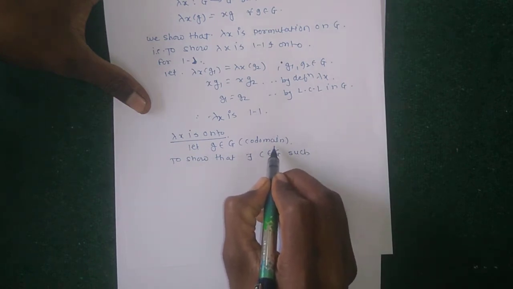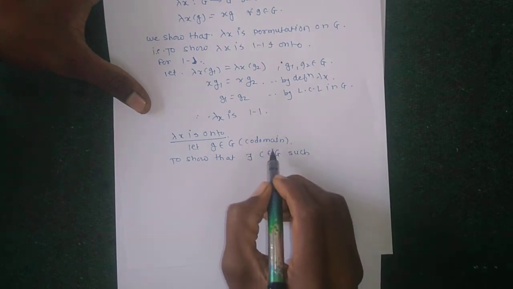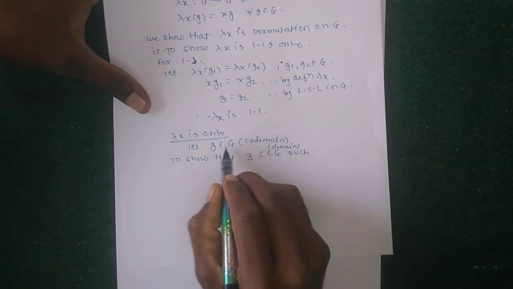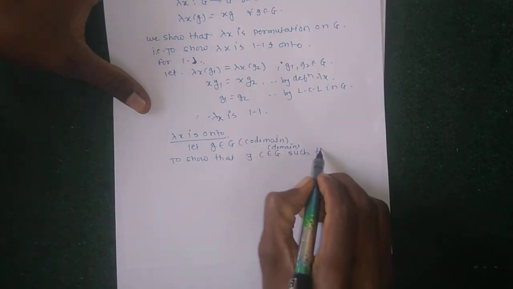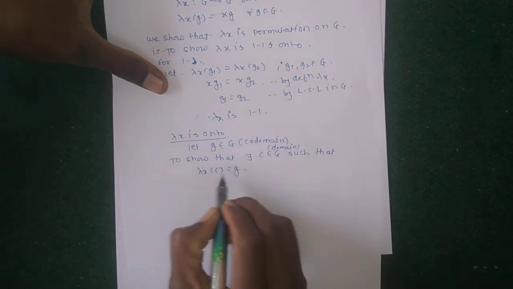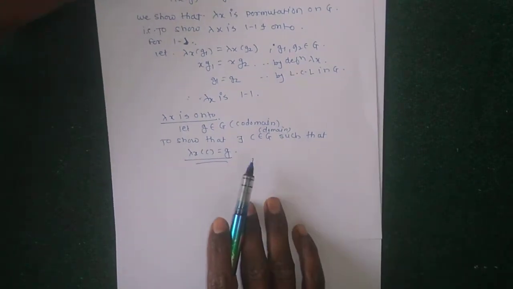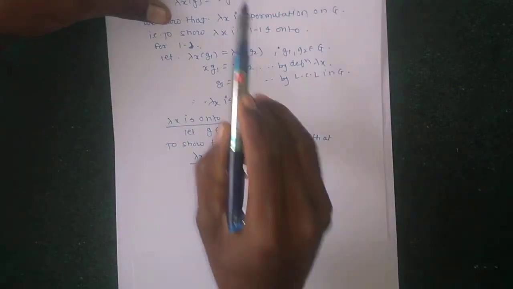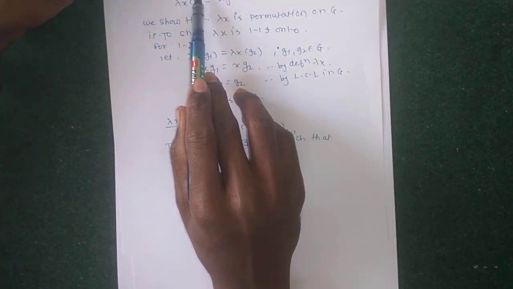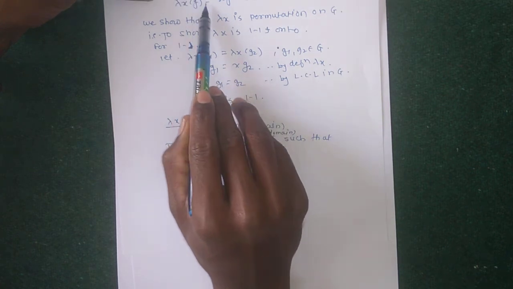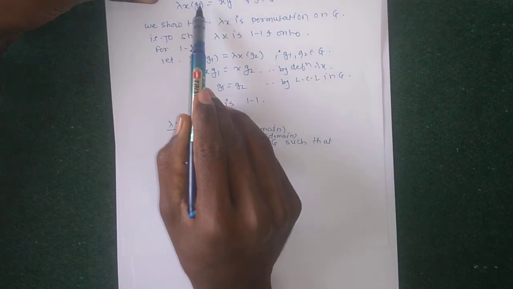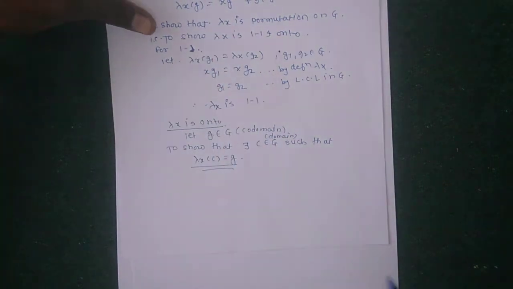Means for every element of the codomain there exists an element in the domain such that lambda_x applied on that domain element gives the codomain element.